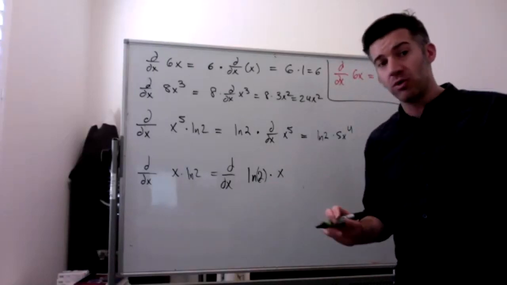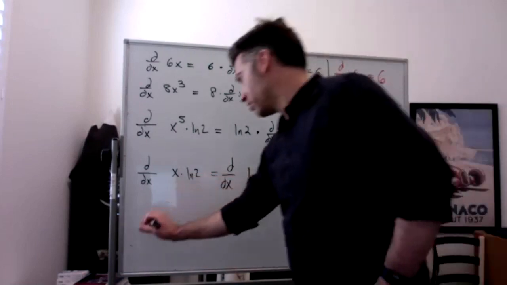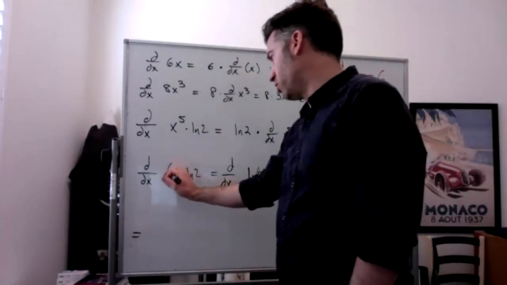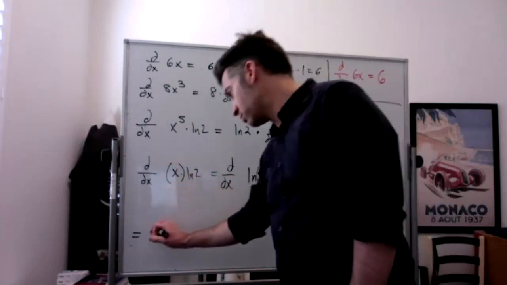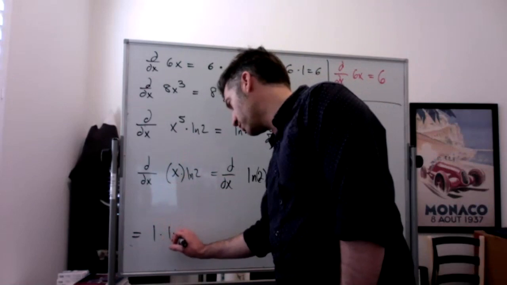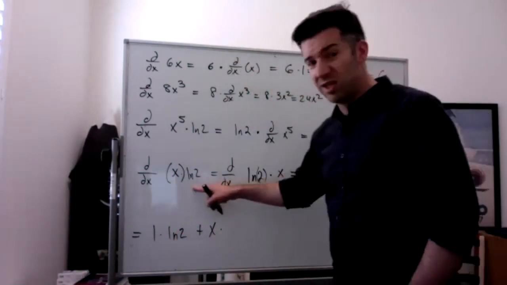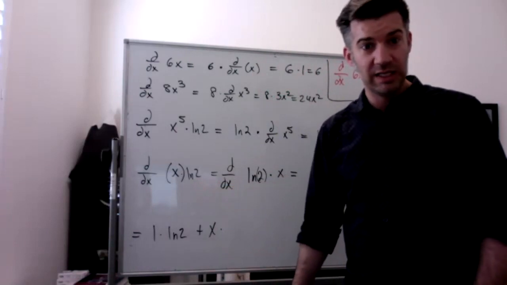The other thing you could do is say, I'm going to use the product rule. Let's do it from here. So using the product rule, it's the derivative of x, which is 1, times natural log of 2, plus x times, what's the derivative of the natural log of 2, everybody?